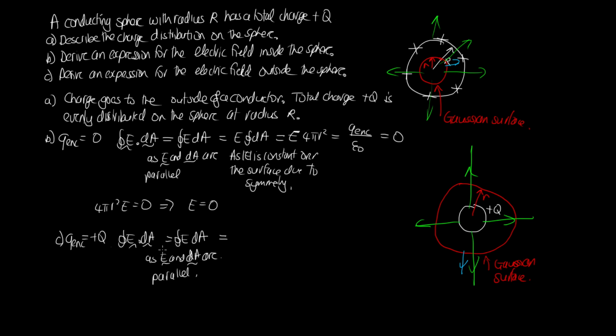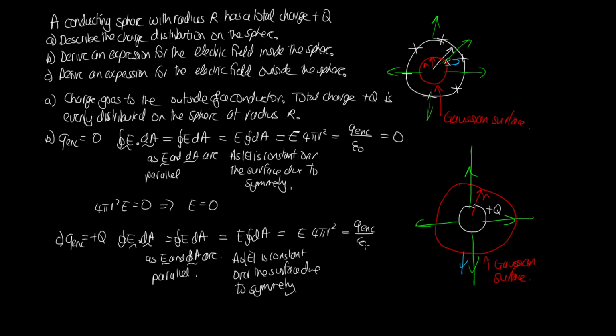And then we can pull E out the front again, as E is constant over the surface due to symmetry. So this is equal to E times, when we integrate dA over the entire surface, we just get the surface area. And then this is equal to Q enclosed over epsilon naught, which is Q over epsilon naught.